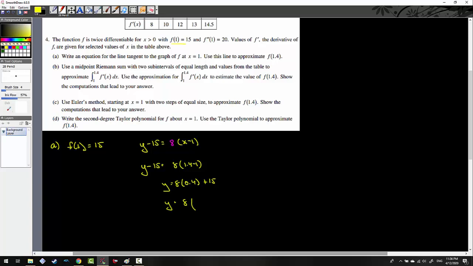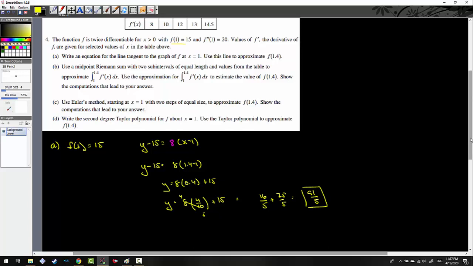So 8 times 4 over 10 plus 15. Those are going to somewhat cancel, giving me a 4 up here and a 5 down here. So that gets me 16 over 5 plus 75 over 5 for a common denominator. And I end up getting 91 over 5 as the linear approximation for part A.